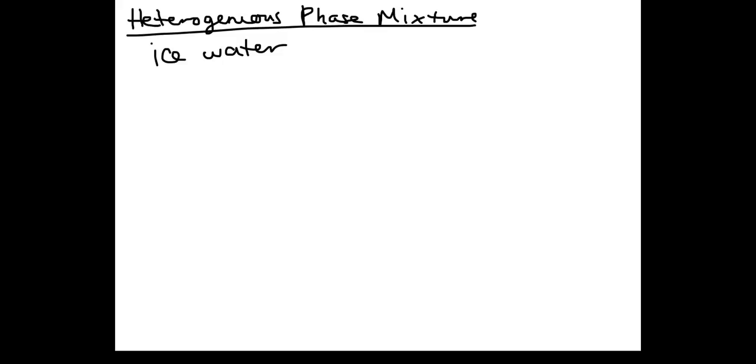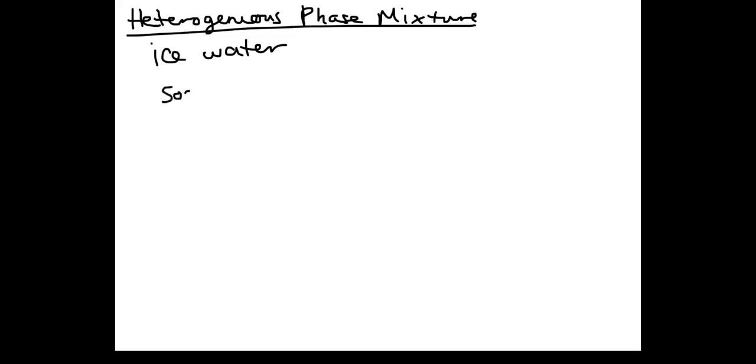Cereal and soda are also examples of heterogeneous composition mixtures, because in soda, the bubbles are CO2 and the rest is sugar water. In cereal, the hard stuff is grains and stuff, and then you have milk. So you can have something that's both a heterogeneous phase mixture and a heterogeneous composition mixture, while ice water is just a heterogeneous phase mixture. Do you see the difference there?